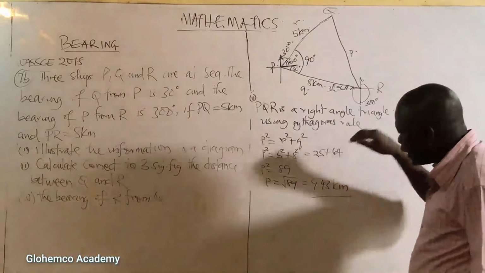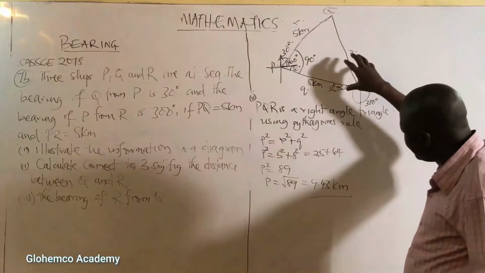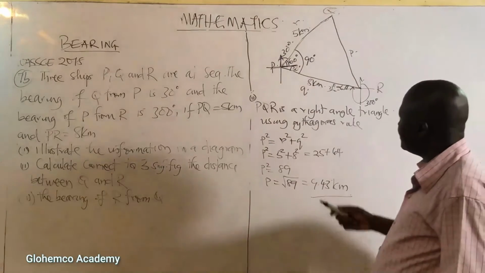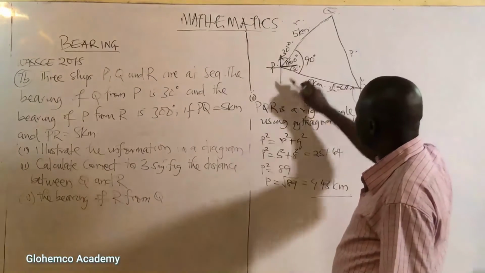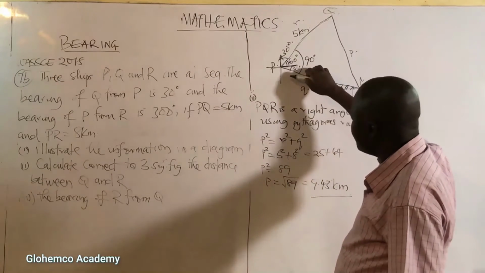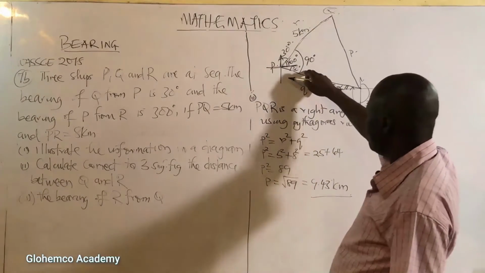Even though it is a right angle triangle, there's another way of solving it without using Pythagoras. When you look at it, you know the value of this side and you know the value of this side. The angle that connects the two of them together is known. You can still use the cosine rule.